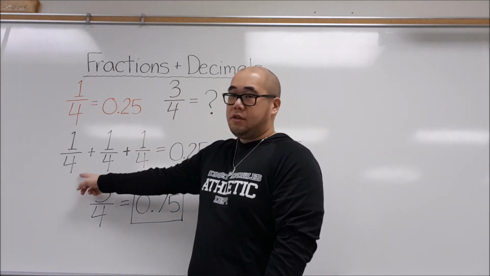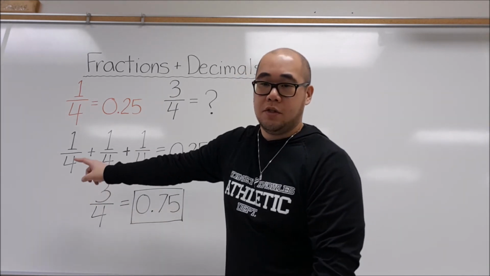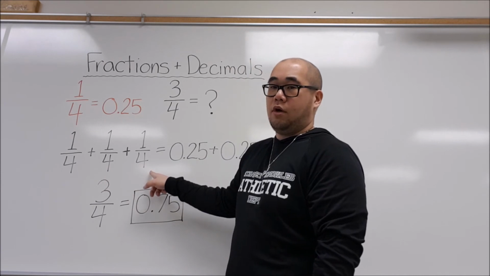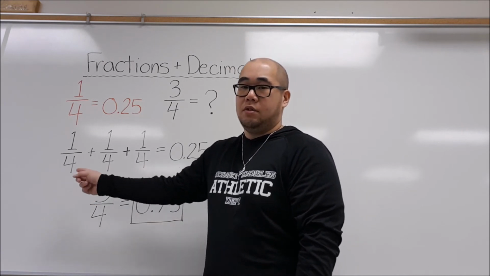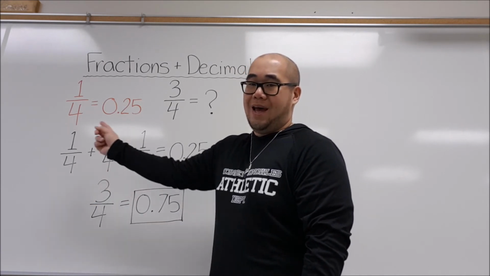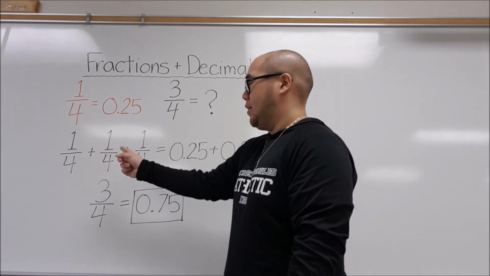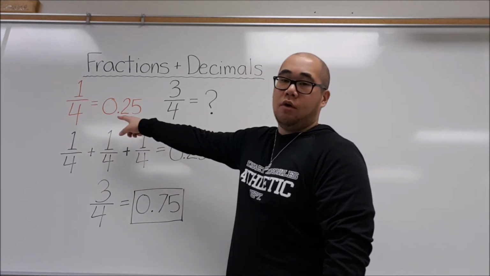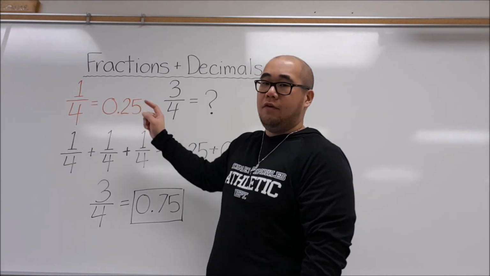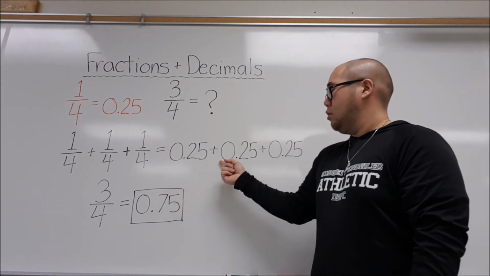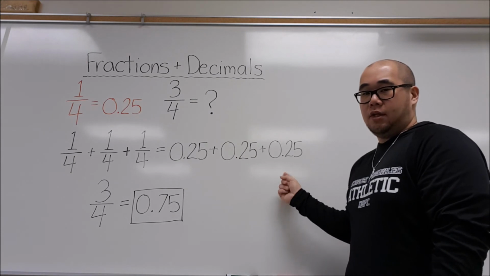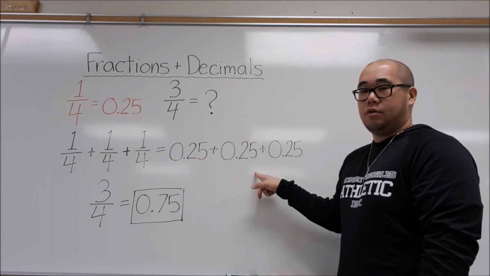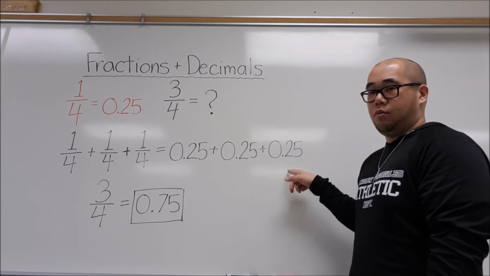Well, let's do an addition with our fractions. We have 1/4 plus 1/4 plus 1/4. They have the same denominator, so we just add the numerators together. That's what we do with fractions. Since 1/4 is 0.25, we can have an addition question with decimals as well: 0.25 plus 0.25 plus 0.25.